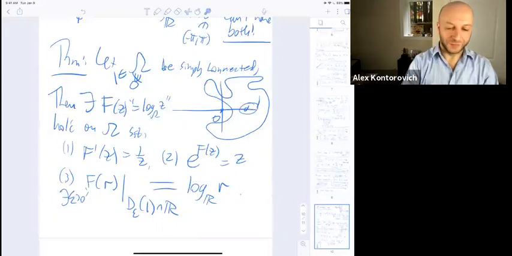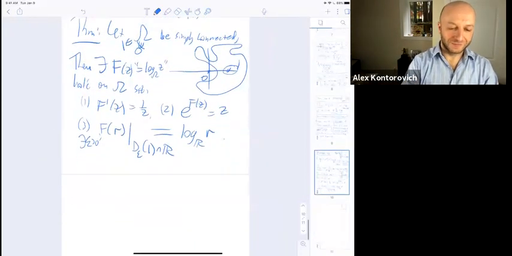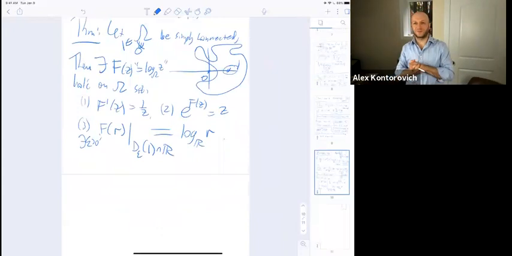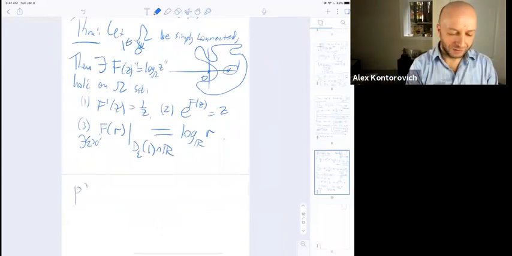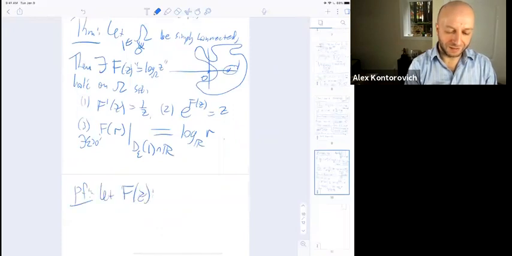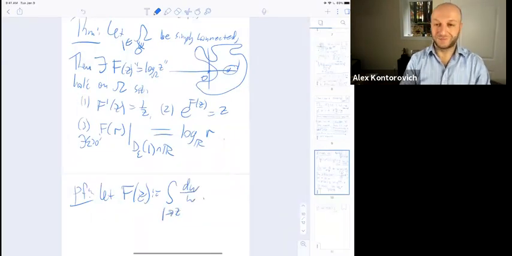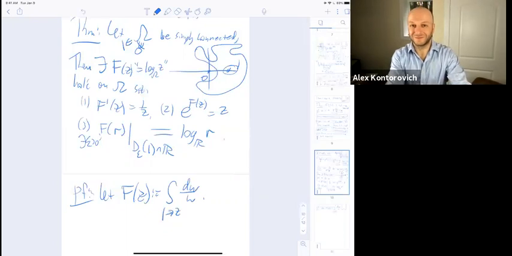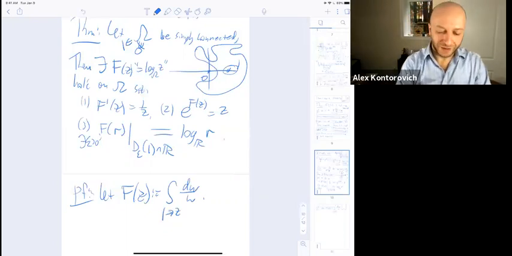And the proof is very simple. Okay, is the statement clear? Yeah, the proof is very simple. Proof: let f of z be the integral from 1 to z of dw over w. It's well defined.